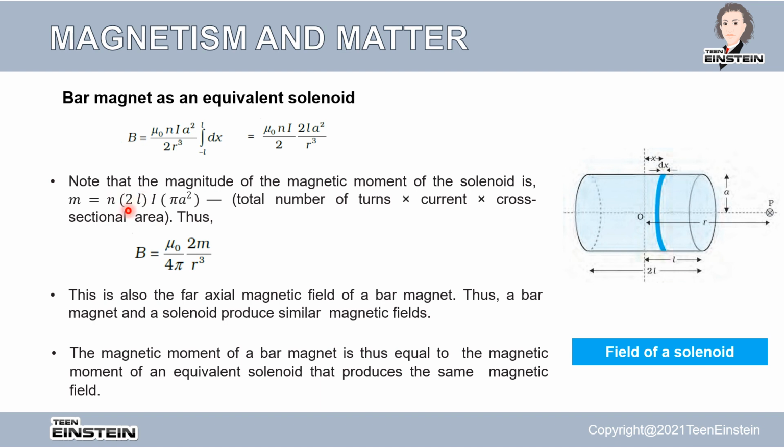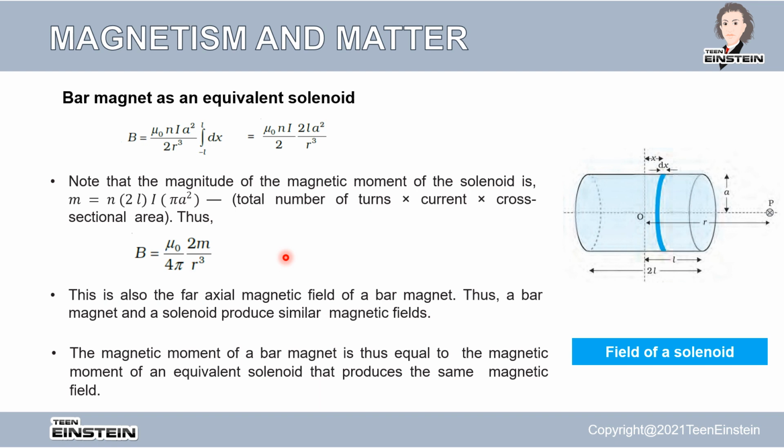So this gives us total N, capital N, multiplied by the current through the solenoid and the area of the loop, pi a square, a being the radius of this circle. Now if you replace N, I, 2L, a square and pi by this M, then you get B equal to mu 0 by 4 pi, because there is a pi here, multiplied by 2M divided by r cube.